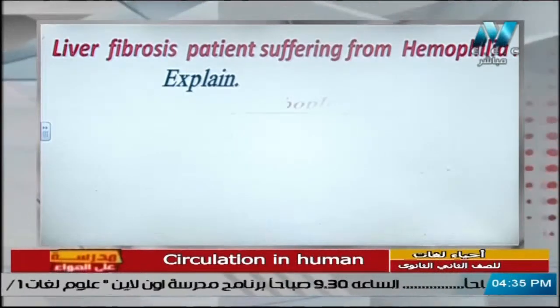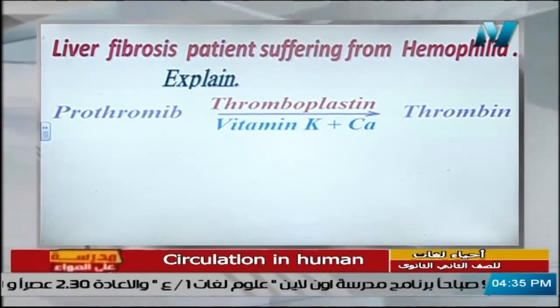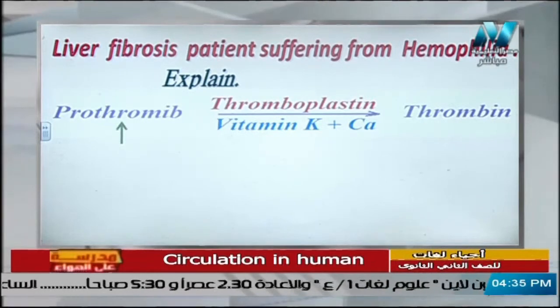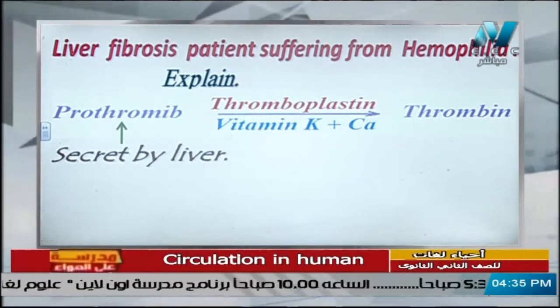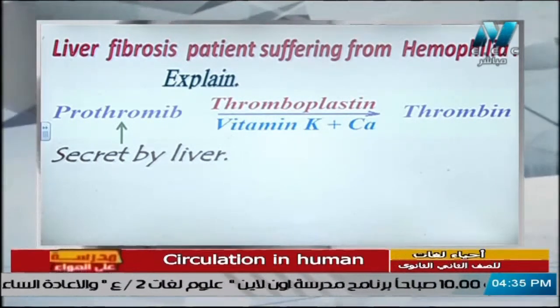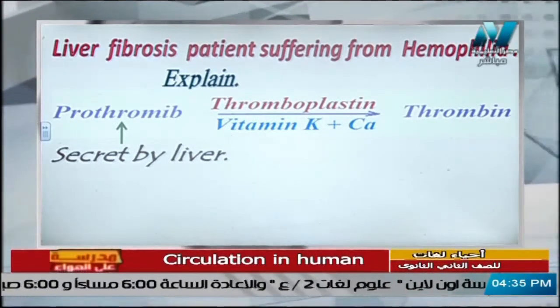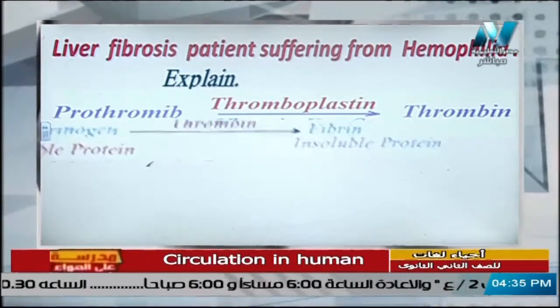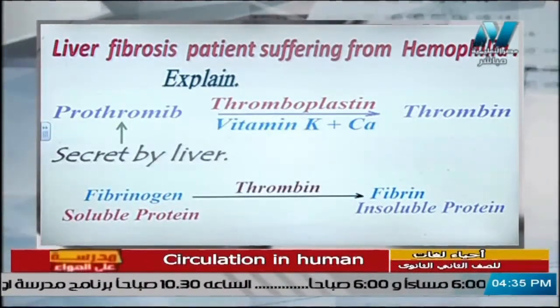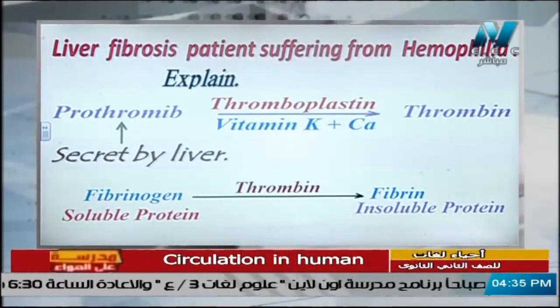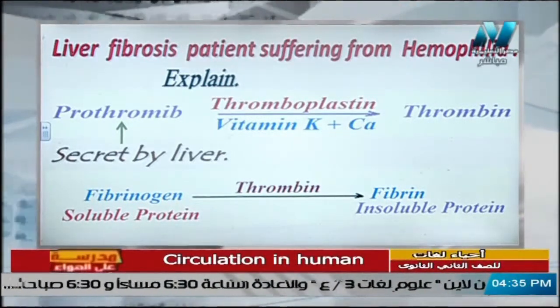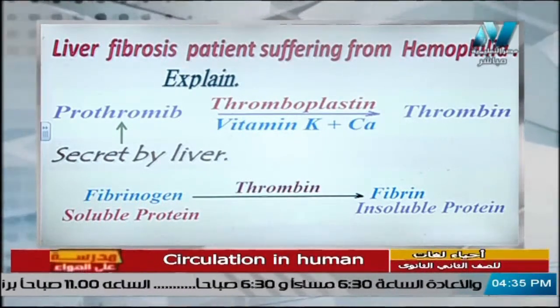I tell him to explain. Prothrombin is secreted by the liver, and changes into thrombin by thromboplastin, vitamin K, and calcium ions. At the same time, we know fibrinogen, a soluble protein, is changed by thrombin into fibrin, an insoluble protein, so the bleeding will stop.